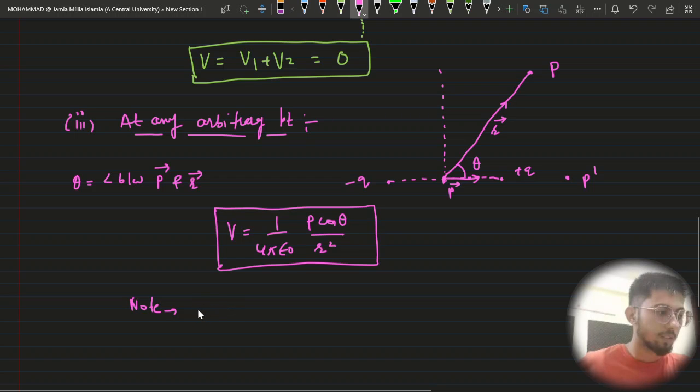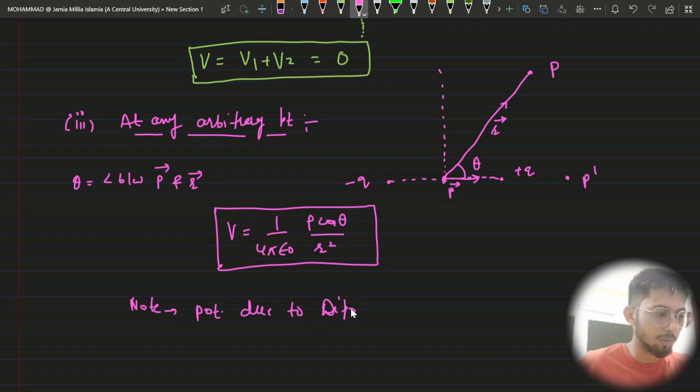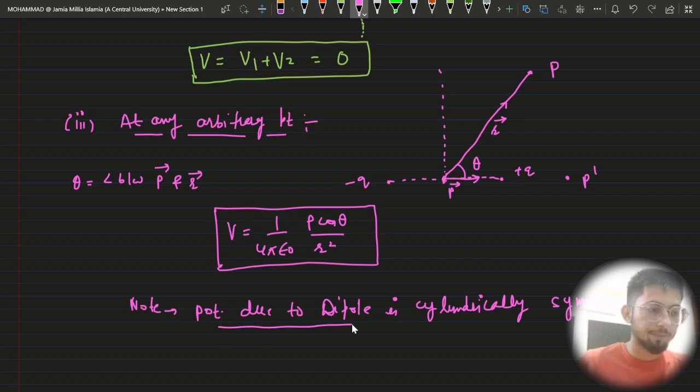Potential due to a dipole is cylindrically symmetric. This is an important observation. You can write it.